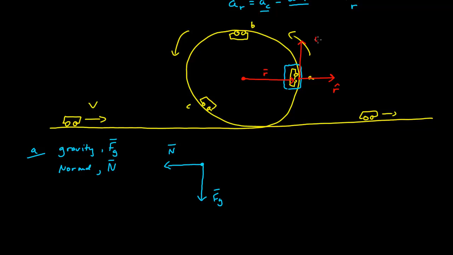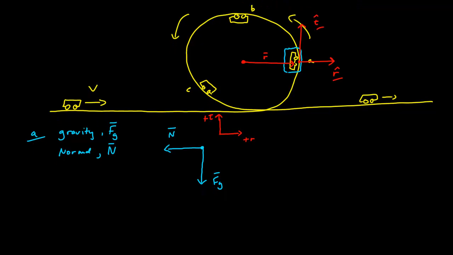And then the tangential axis at this point on the track points straight up. So if I establish that r axis and t axis for my free body diagram, I now want to sum my forces and find the components of my forces along these radial and tangential unit vectors. Then I can use my circular motion notation to solve F equals ma.